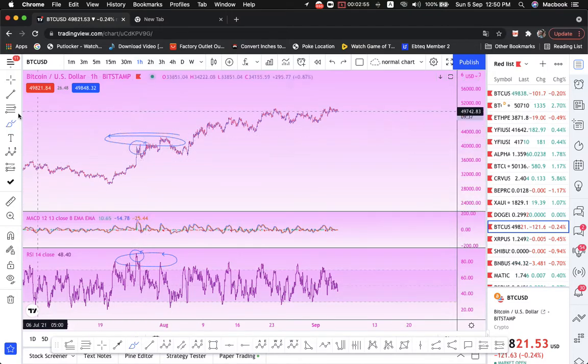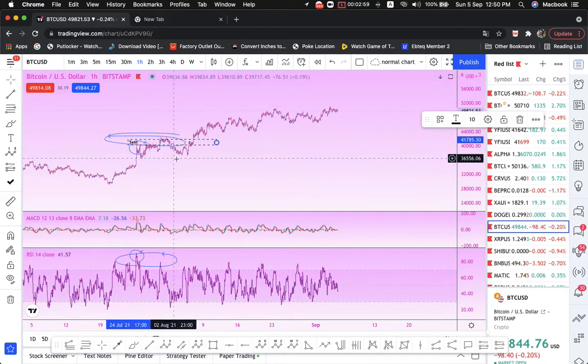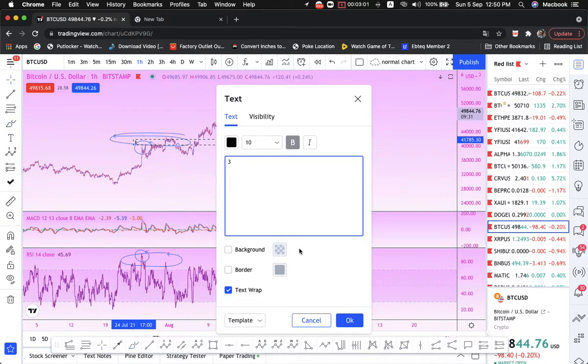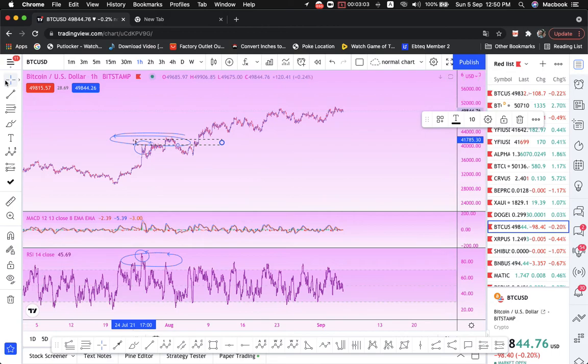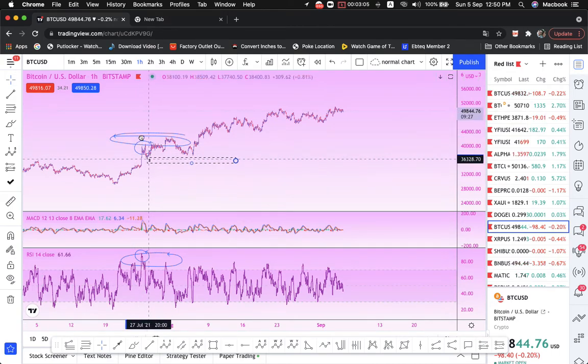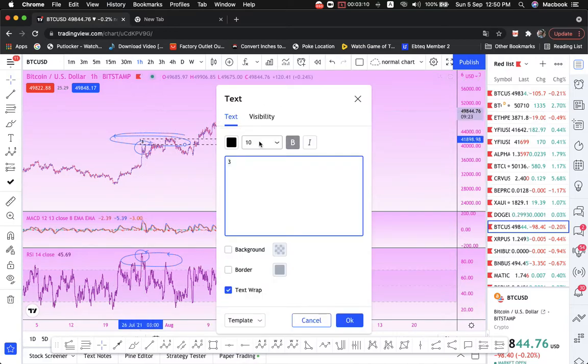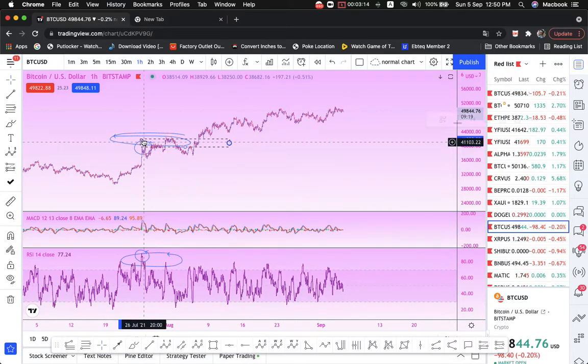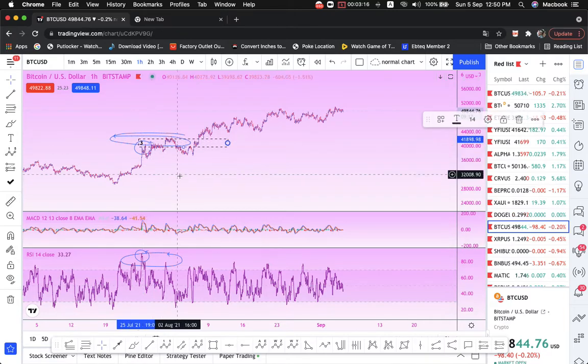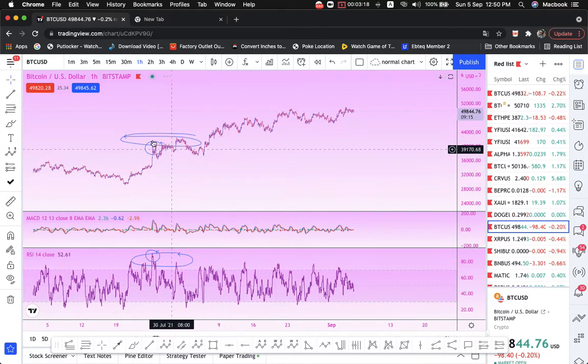So if I were to label here, let me label that out. This is a third wave, 3, right here. So if this is the third wave, let me make it bigger. Okay. So if this possibly could be the third wave of something.